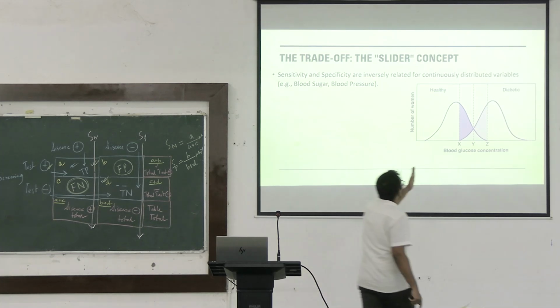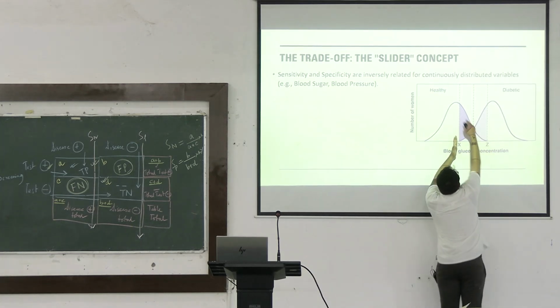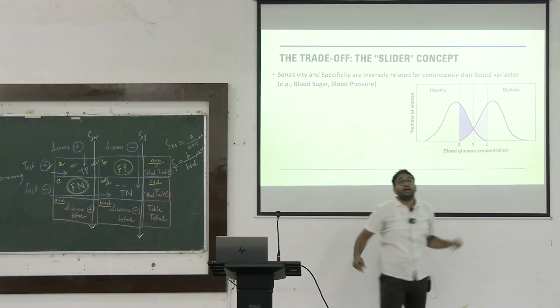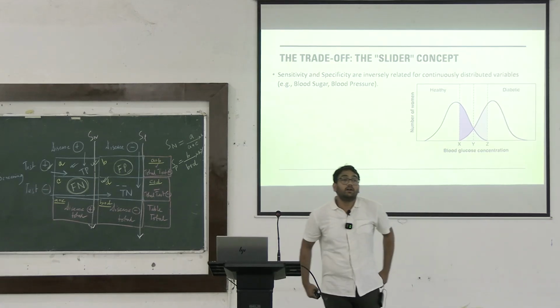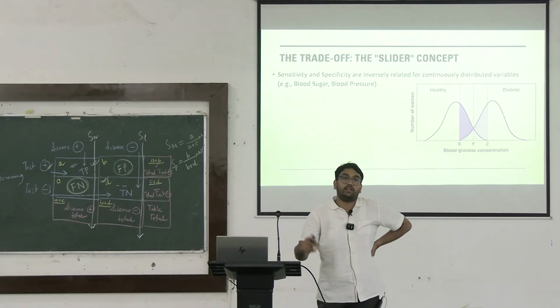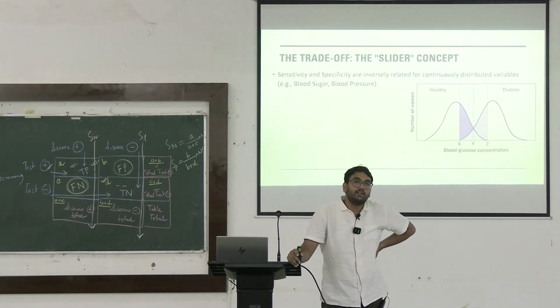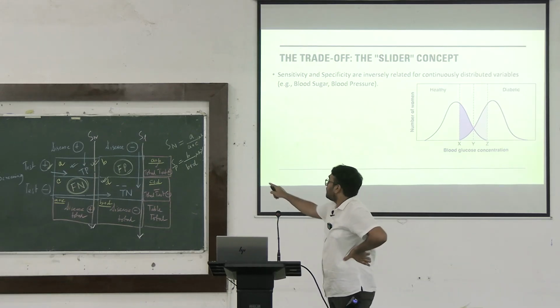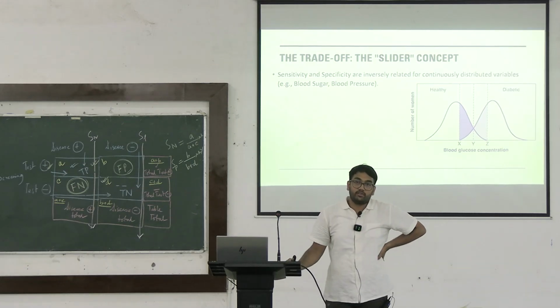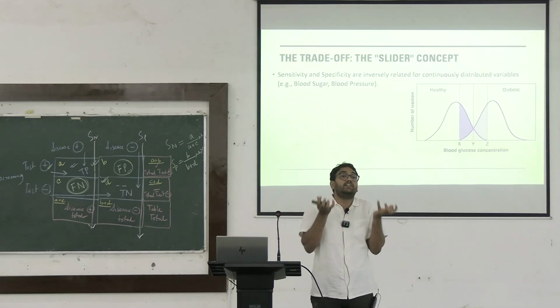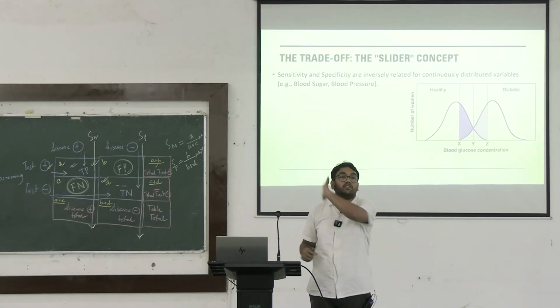But what is happening? I am diagnosing a lot of healthy people as diabetic. A lot of people who do not have diabetes, maybe just had one extra rasgulla yesterday night, are coming as diabetics. So I am having a lot of false positives. So when I am prioritizing sensitivity, my specificity is going to the drain.